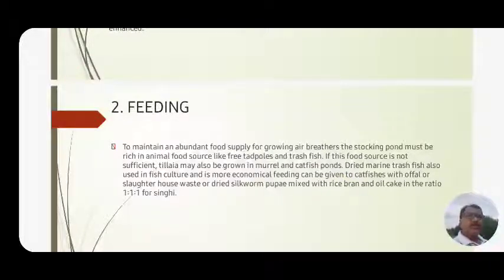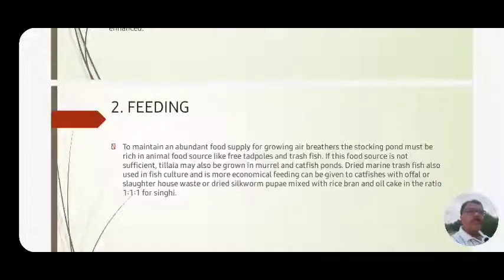Or sometimes, if that is not available, dried silkworm pupae are mixed with rice bran and oil cake in the ratio of 1:1:1. When catfishes are grown and slaughterhouse waste or offal is not available, at that time silkworm pupae are mixed with rice bran and oil cake, and then added into the pond water.